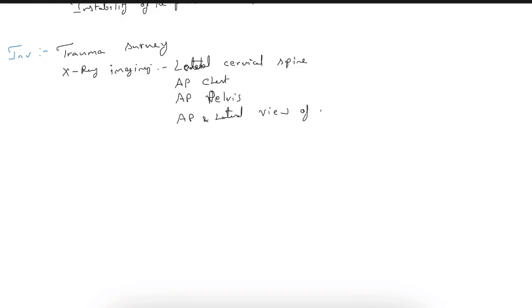In X-ray imaging we can see lateral cervical spine, anterior posterior chest, AP pelvis, and AP and lateral view of all bones injured.